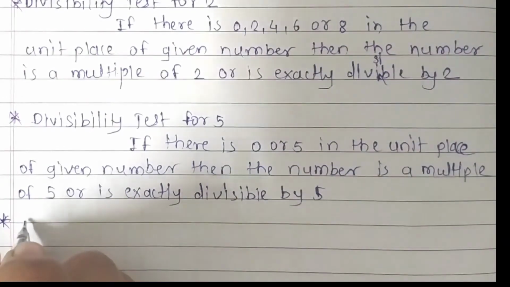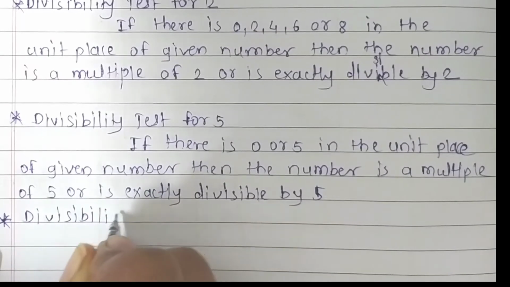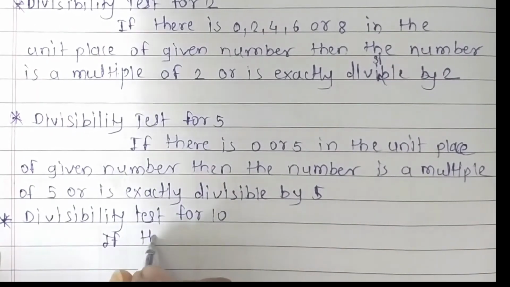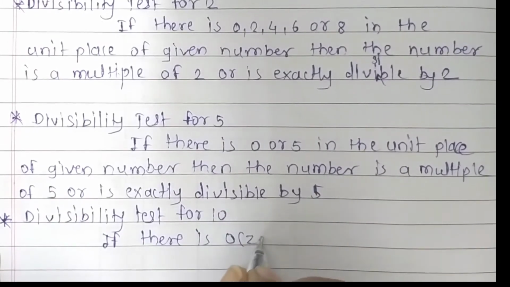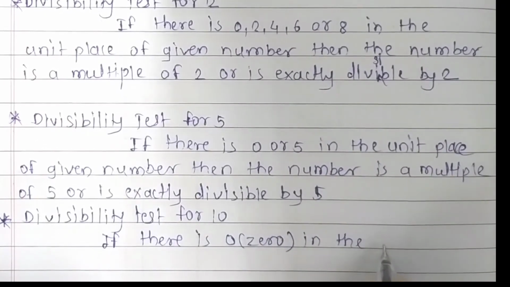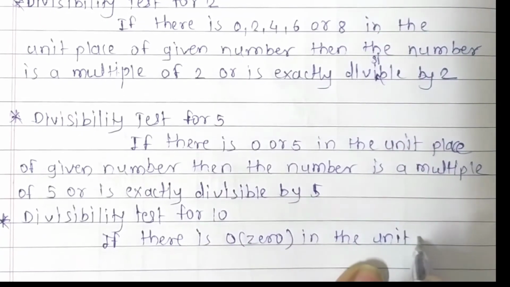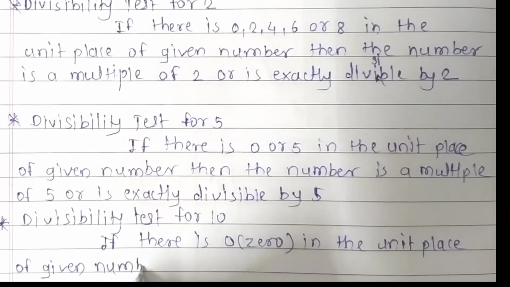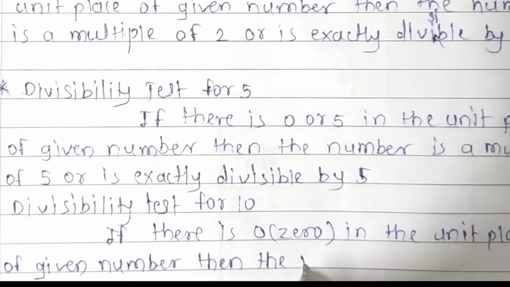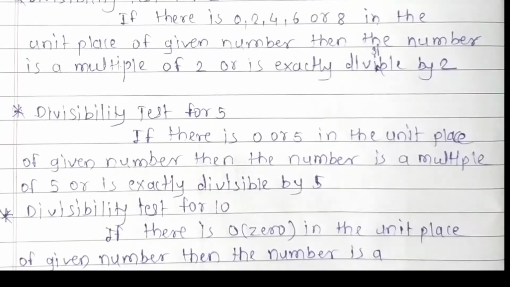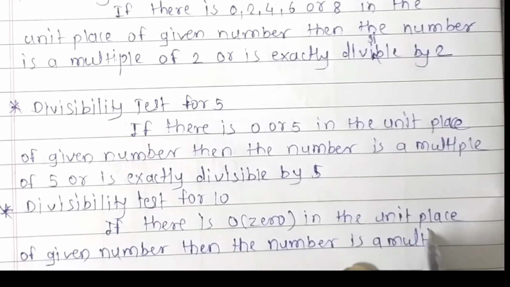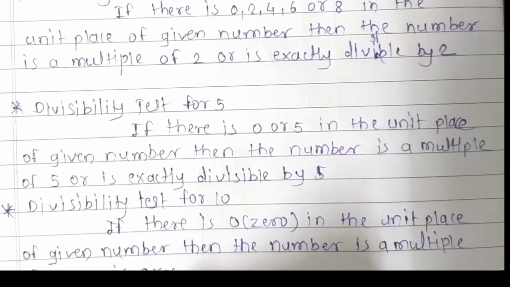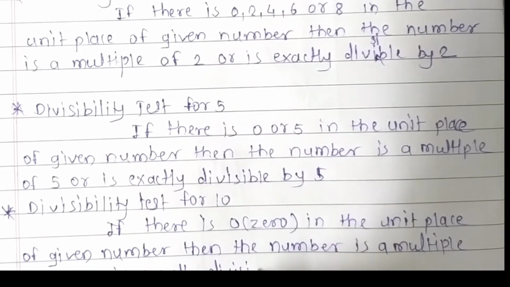Divisibility test for 10 is if there is 0 in the unit place of given number, then the number is a multiple of 10 or is exactly divisible by 10.